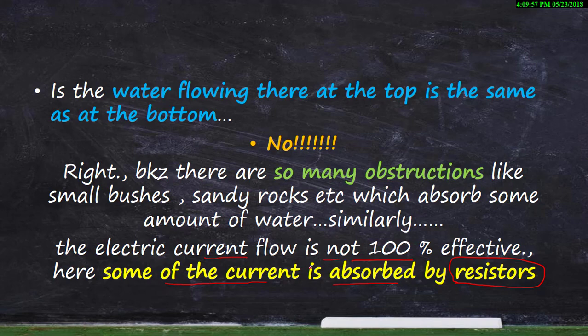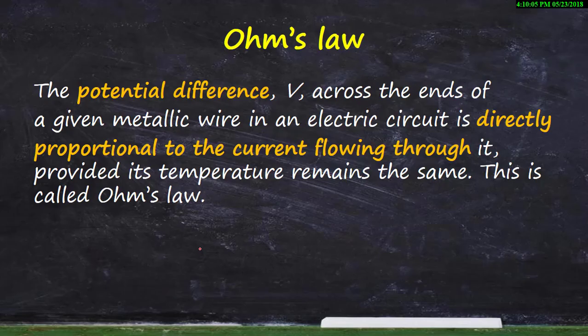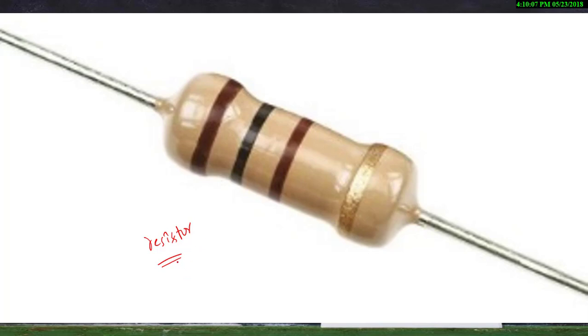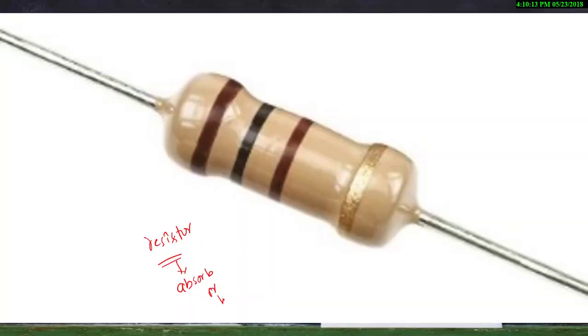Some of the current is absorbed by a resistor, so it is known as a resistor. What will a resistor do? The duty of a resistor is to absorb or hold some current passing through the conductor.